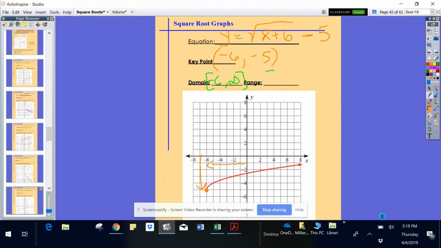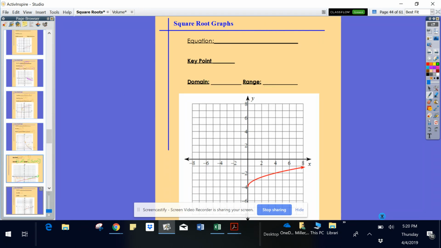And our range is going to be -5. And remember, it's going up, so that is a positive infinity. And that, my friends, is the end. Now, don't forget, plug it in to y equals so that we can make sure that the graphs match.